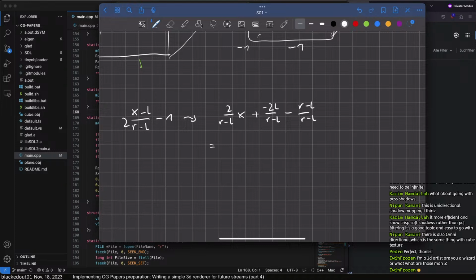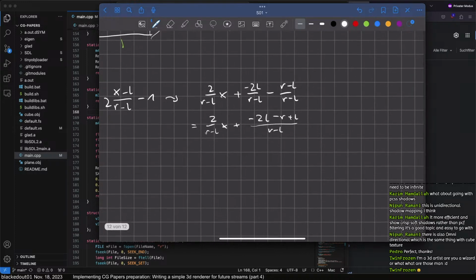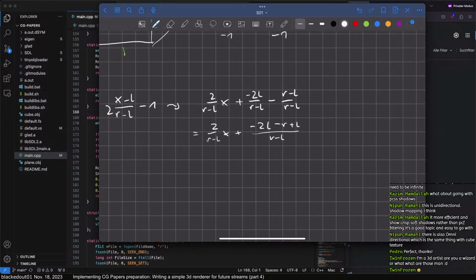And then we have to, again, reorder the stuff and simplify. Because we have now the same denominator, we can put the numerators into the same fraction. And we see that here's 1L and here's minus 2L. So what's left is this, just minus 1.